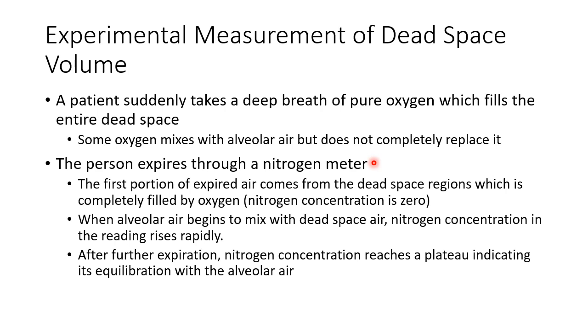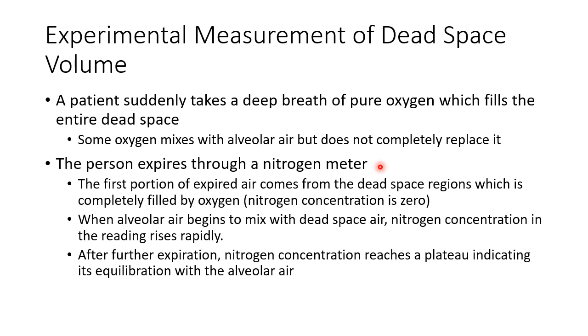Then what's next? All of that air that the patient takes in initially is pure oxygen. The dead space is now filled with pure oxygen at that point after inspiration. Then the person attaches his or her mouth to a nitrogen meter. Okay?